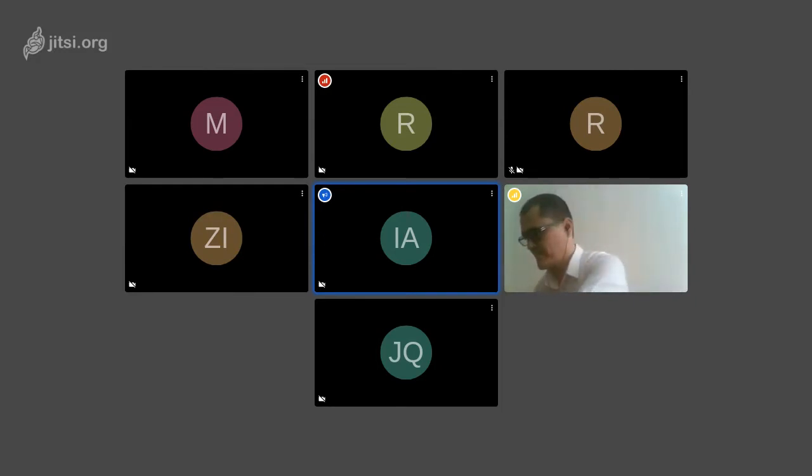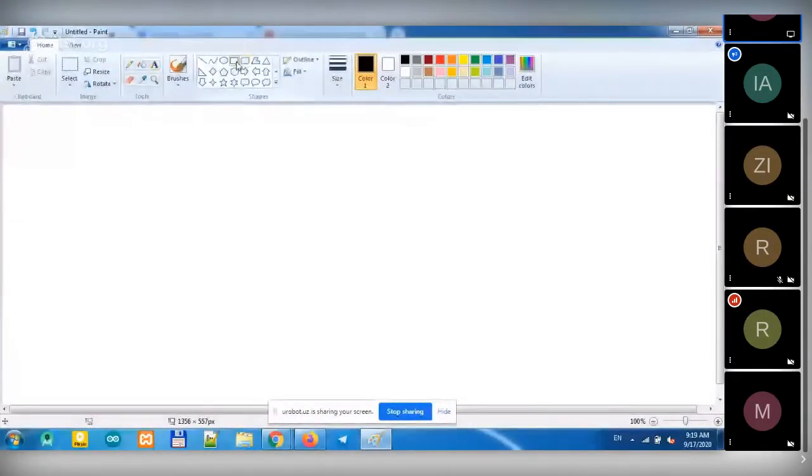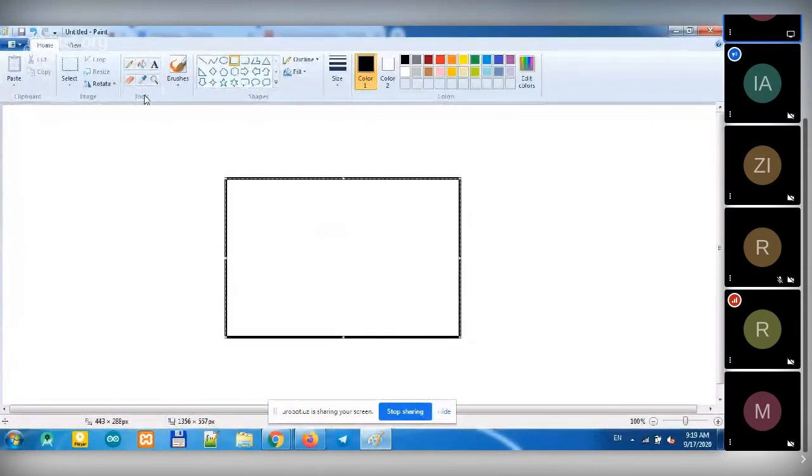Do you see? First, let's draw one circuit. Today, first practice. Let's say this is a battery.